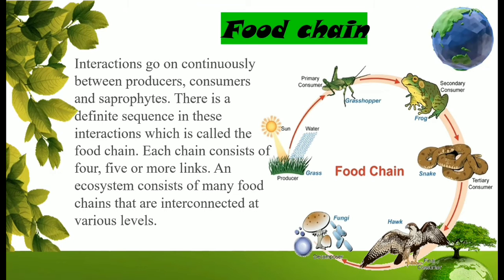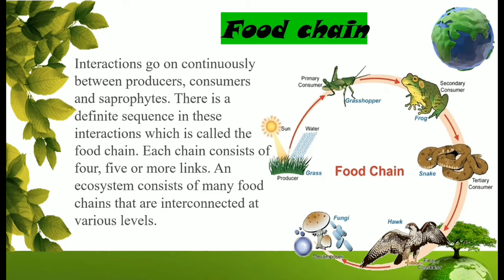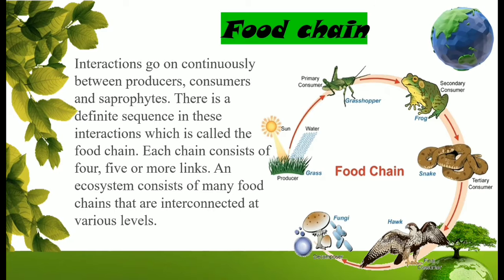Now here if you see, the sun is producing energy and it is absorbed by the plants. The energy produced by the plants is used by the primary consumers, and the primary consumers like the grasshopper are eaten up by the secondary consumer, that is the frog.